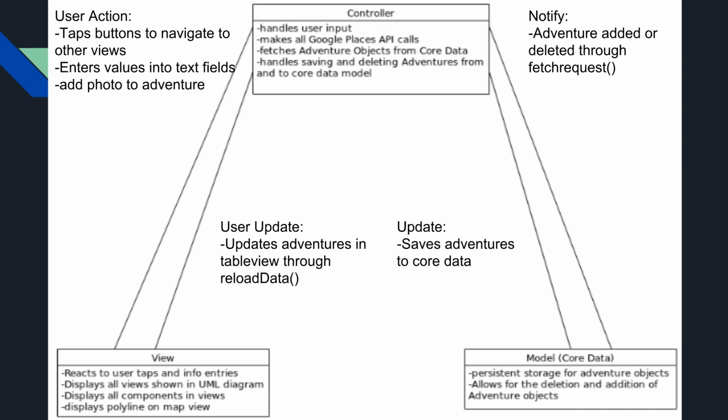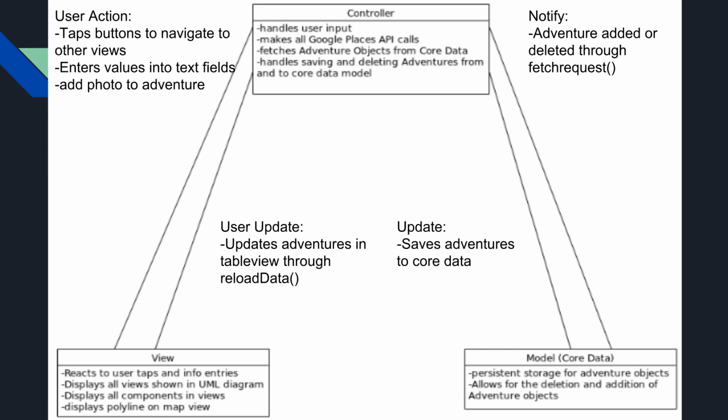And as you can see, the controller handles user input. This is also where all the API calls are made. And it also interacts with the model by fetching adventure objects and saving them, or deleting them from the core data.